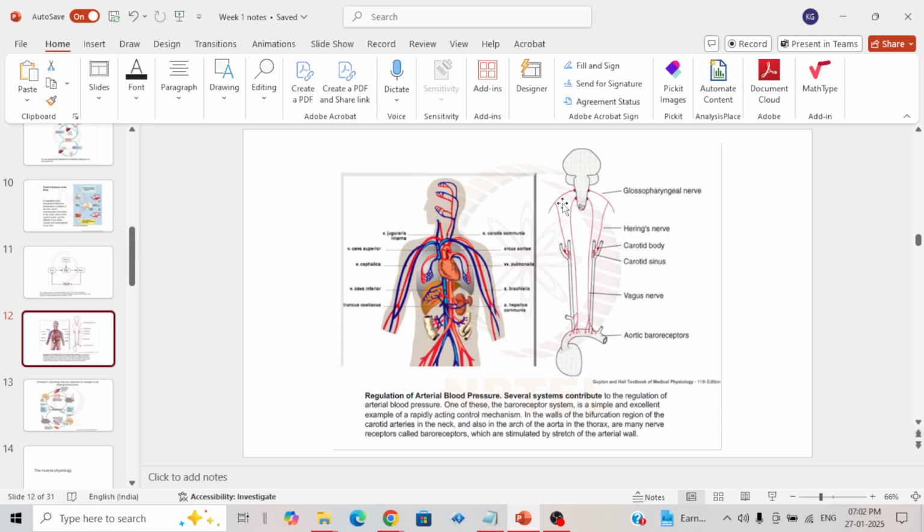There are many circuits inside the brain which will send the signal back to the effector organ. Here the effector organ is the heart. They will send back the signal that the pressure is either high or low, so it should pump with more pressure or lessen the pressure. There are many things involved. So this is the generation of a signal, when the nerve endings get a signal, which can be in any form.